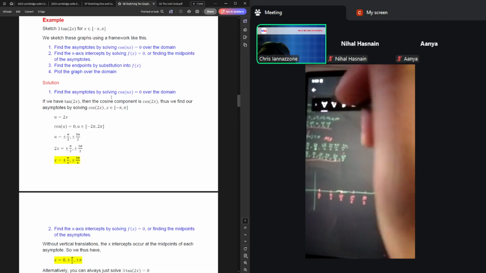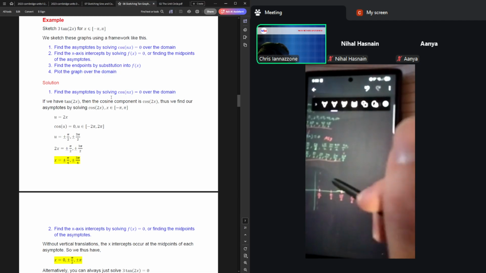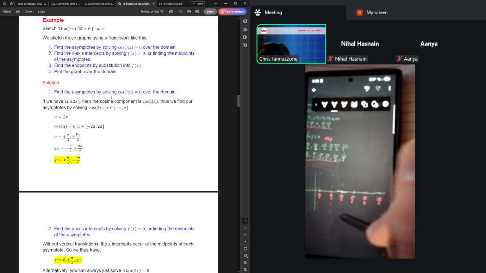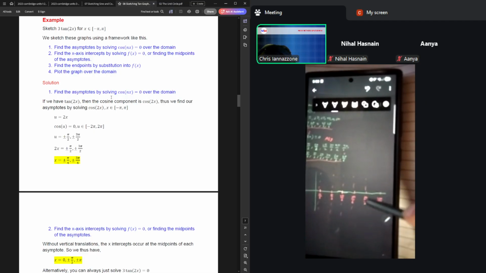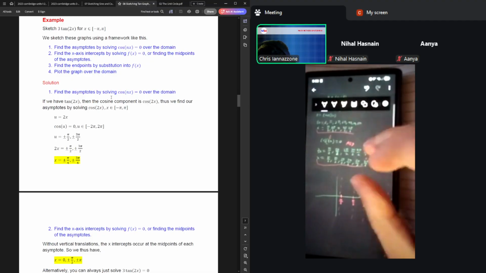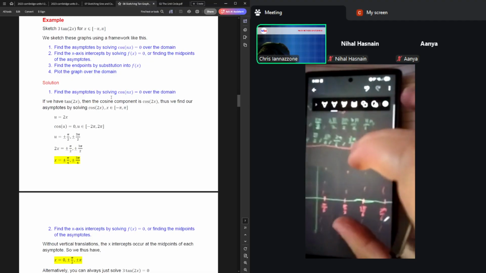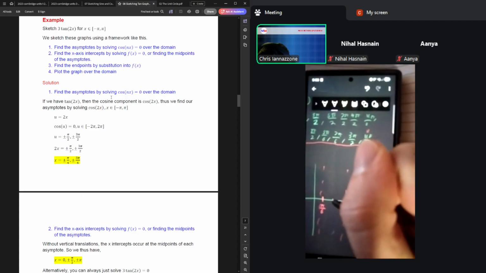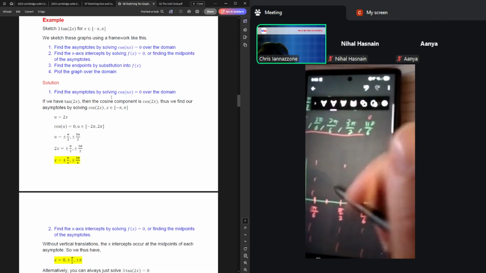Okay. It's all going to be asymptotes. And then these ones here, the pi over 3, 2 pi over 3, we'll notice are now going to be midpoints.